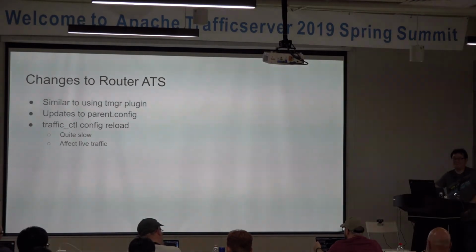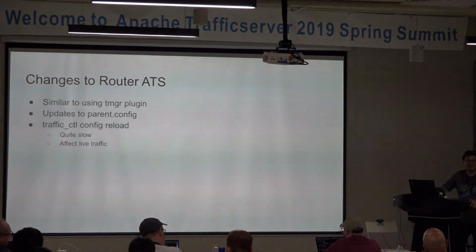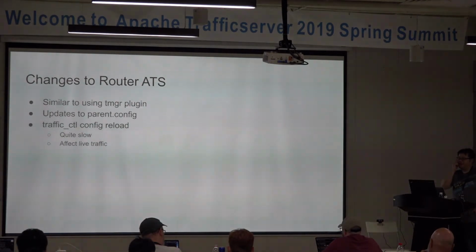This one says make sure traffic control config reload only reloads config that changed. That was August of 2018. Do we have this in Yahoo already? I don't think so. Maybe, I don't know. Okay, all right. So, Alan, we'll need this.